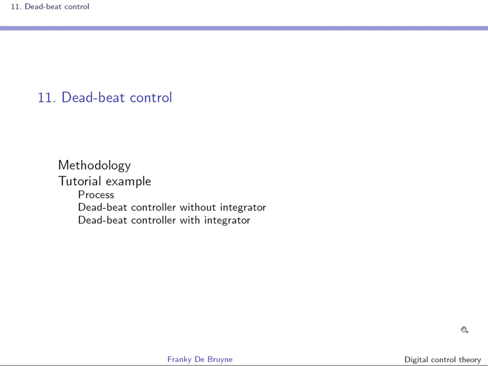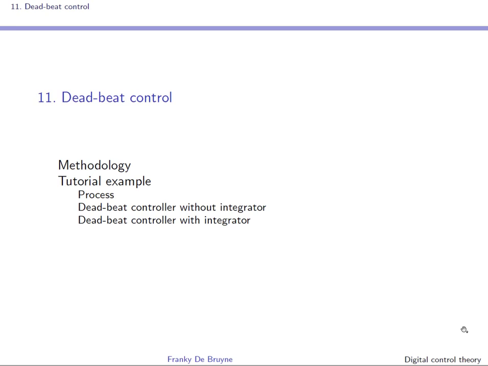This concludes this section on deadbeat control. As you can see, the deadbeat controller produces a nervous bang-bang type control, so it is not suited for any process. There can also be issues with robustness. Robustness is what happens if the process is a bit different from the model that you have used to design your deadbeat controller.